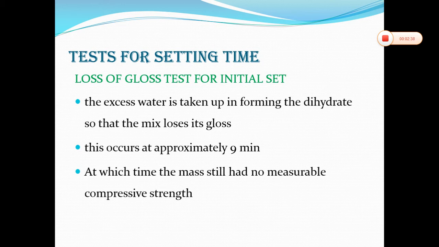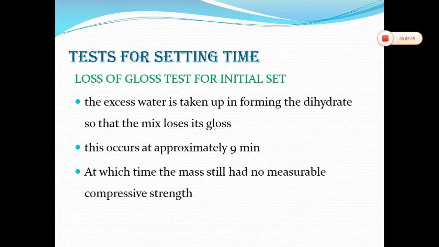Because of the water content, it looks glossy. As the setting process takes place, the water is drawn inward, or sucked inward. As the superficial water layer is sucked inward, the gloss, or shiny surface, is lost. So a loss of gloss tells us that initial setting has taken place.